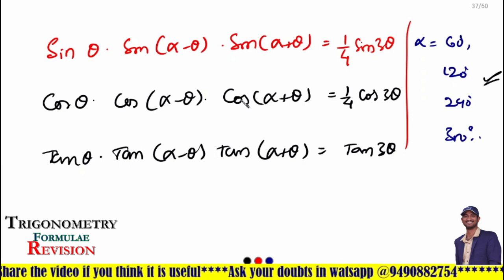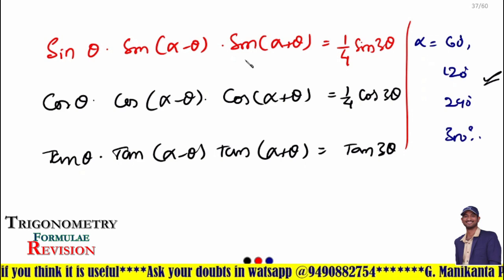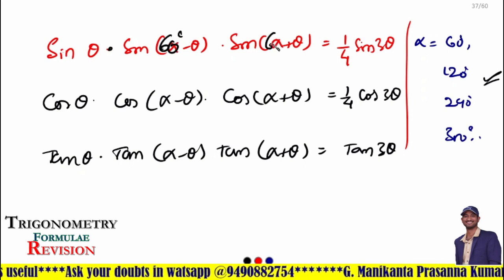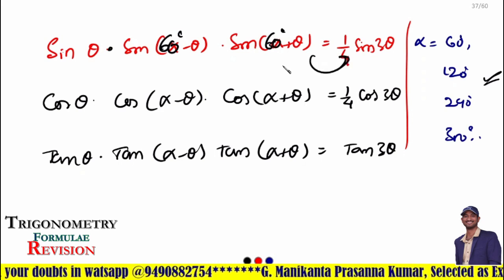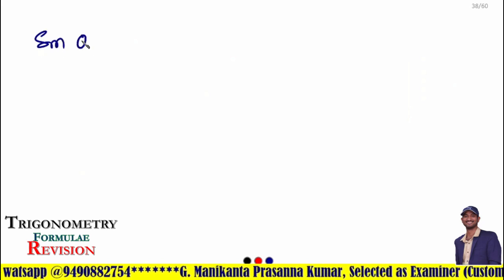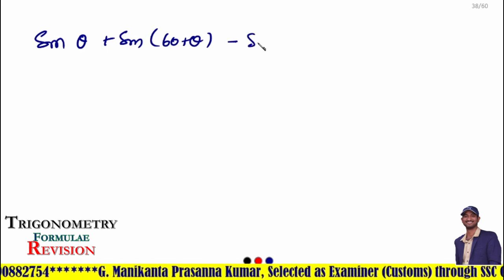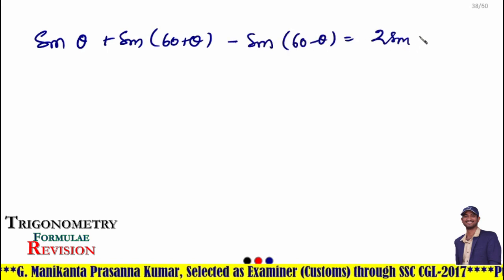When we have addition, so basically if alpha is 60, that means sin theta into sin 60 minus theta into sin 60 plus theta, what is the value? 1 by 4 sin 3 theta. But when I have addition or subtraction, that is sin theta plus sin 60 plus theta minus sin 60 minus theta, it is equal to how much? 2 sin theta.